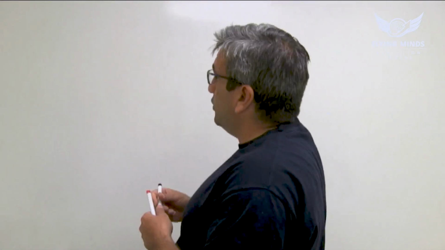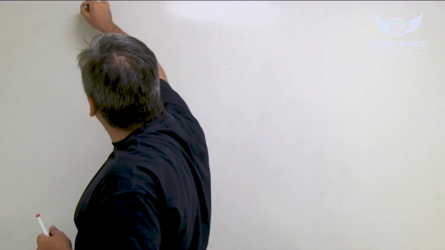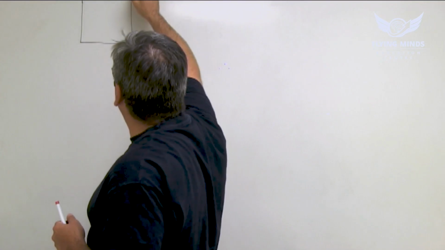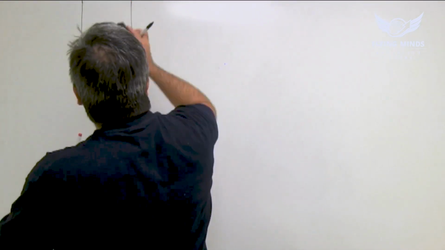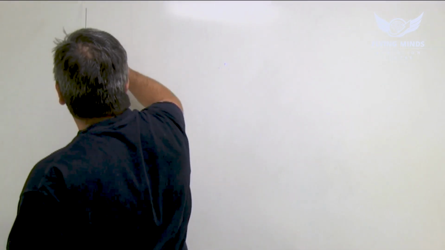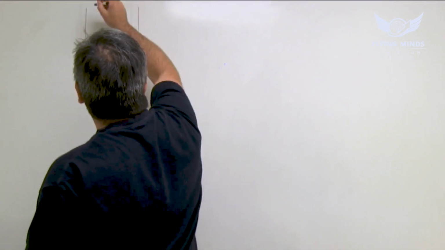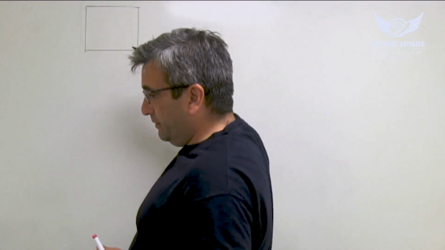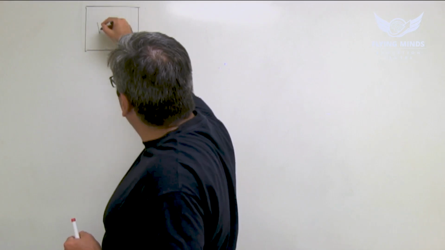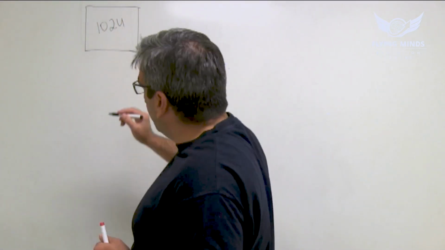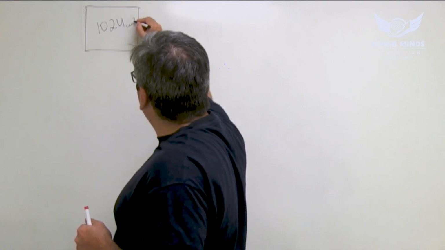So we have to prove the same. We have a square. Well, we don't know yet if it's a square or not, so we have a shape. We know that the area of this shape is 1024 centimeters squared.